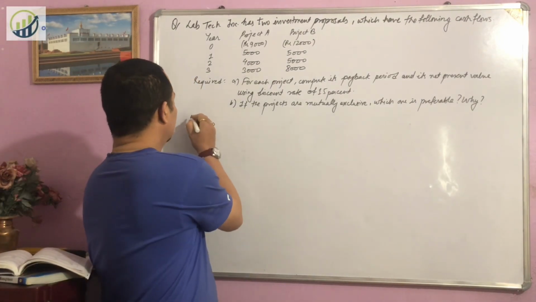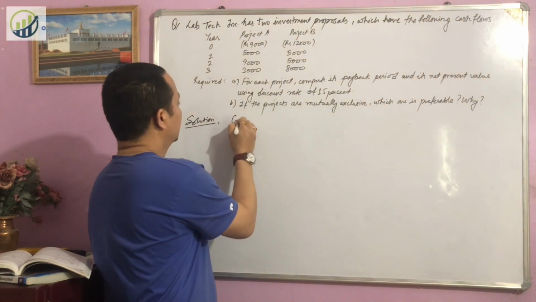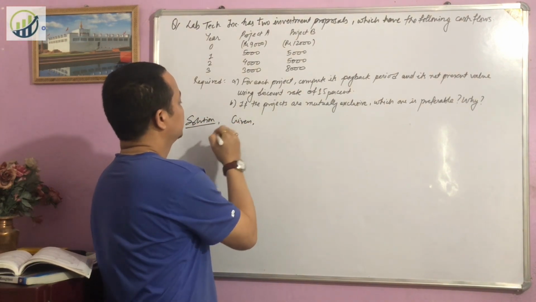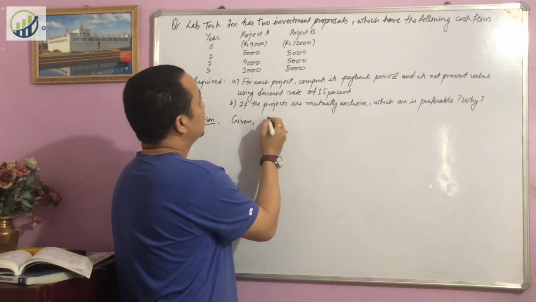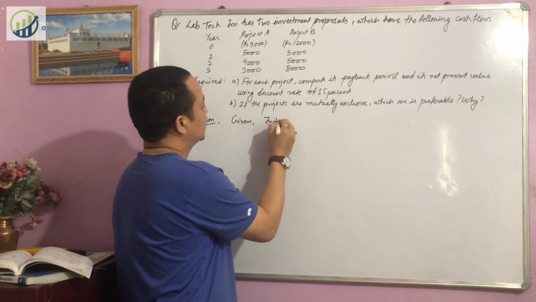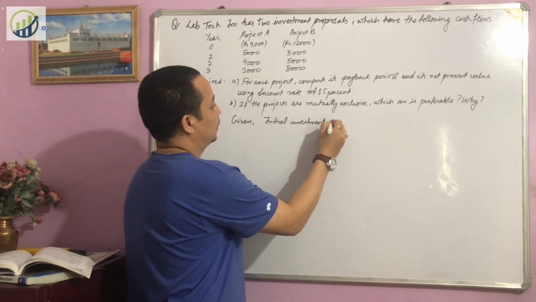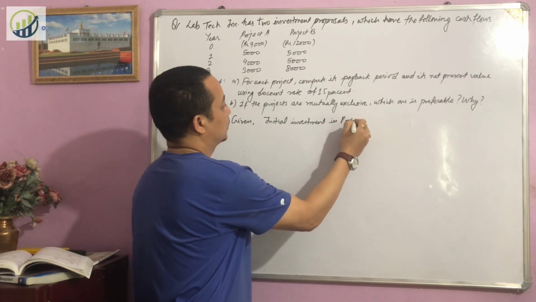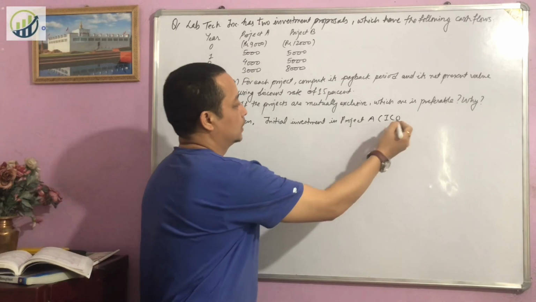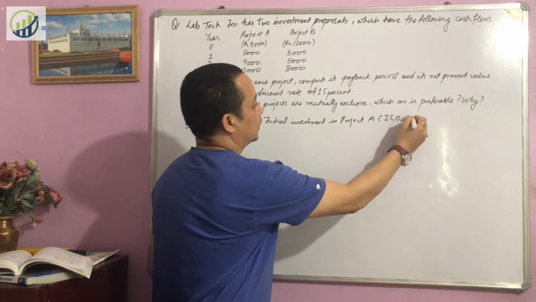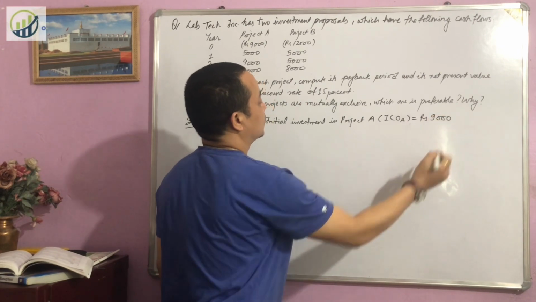Now for the solution, first let's write what is given. Project A: the initial cash outlay of A is rupees 9,000.